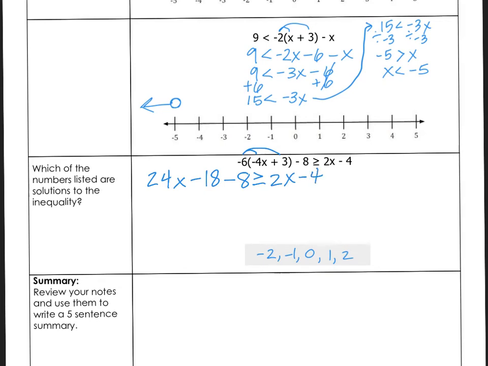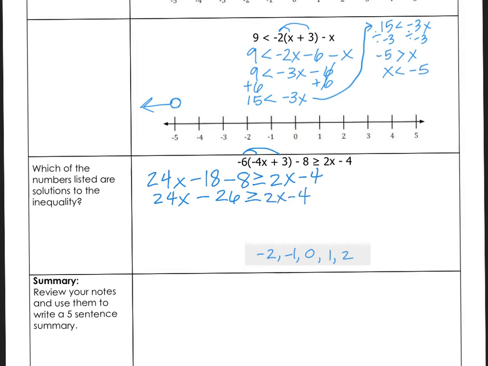Now I need to combine my like terms. So as you can see on the left-hand side, I can combine like terms because I have multiple integers, and so I can rewrite the 24x, and then negative 18 combined with negative 8 gives me negative 26. And then I'm going to just bring everything else down.